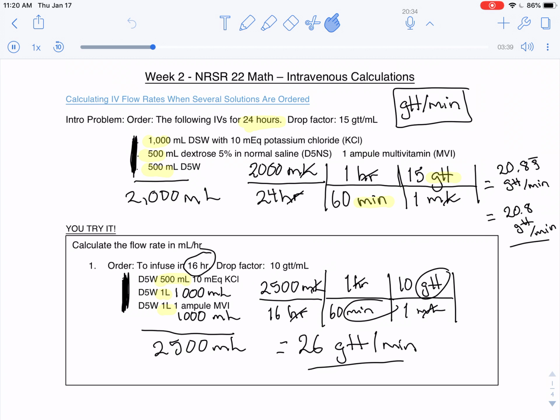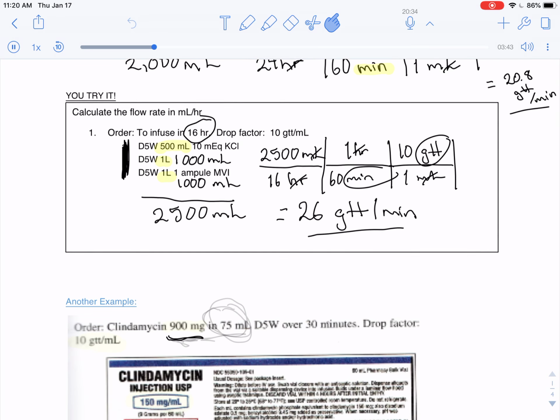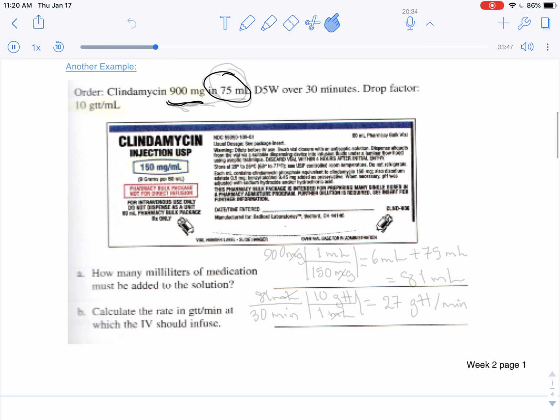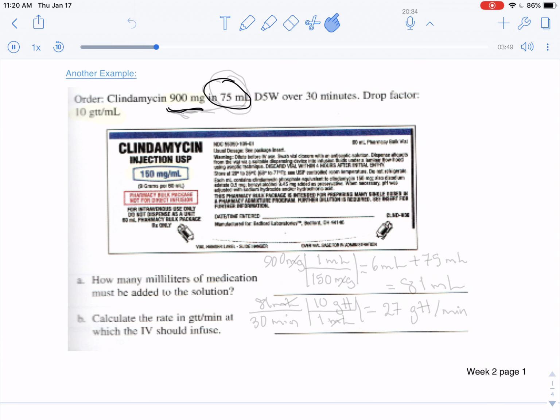This next problem is different. It says that our order is 900 milligrams, but we're going to infuse that in 75 milliliters. So there are two separate numbers, and we're not going to really mess around with 75 yet. So what we're going to do is convert the 900 milligrams into milliliters, because that's what our measurement indicates it to be.